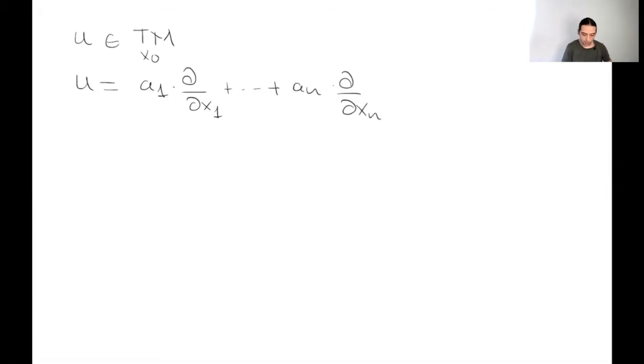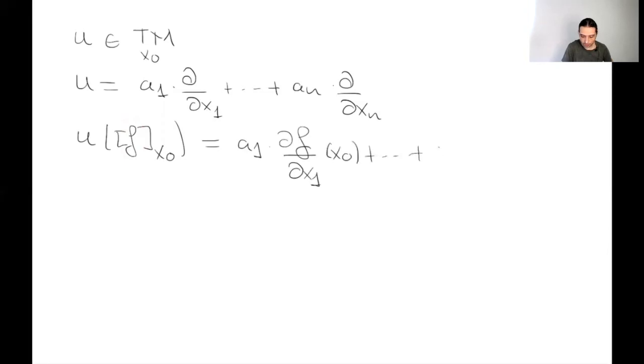Okay, and what happens is that when we apply this tangent vector to a germ of function f defined at the point x0, and here we are going to consider f in local coordinates too, it's going to be a1 times the derivative of f with respect to x1 at the point x0, and so on. Okay?